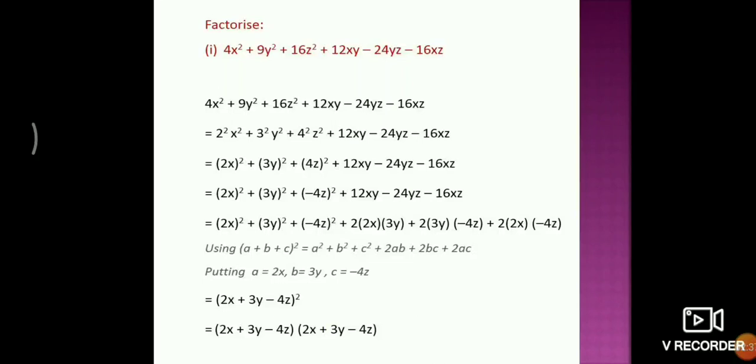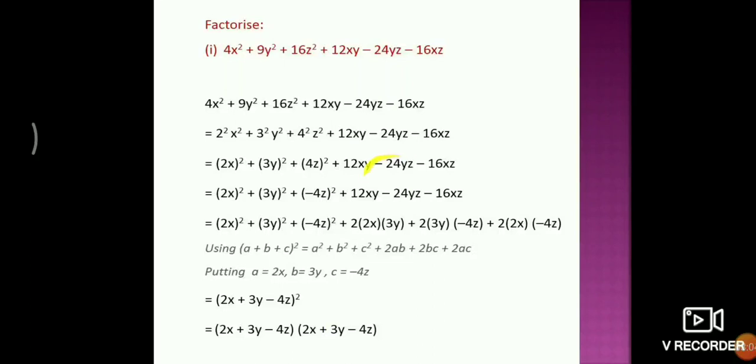So how will we see it? From these last terms. See, in this 12xy, what is the sign? It is positive, and it is twice a into b. So it means neither a nor b will be negative.